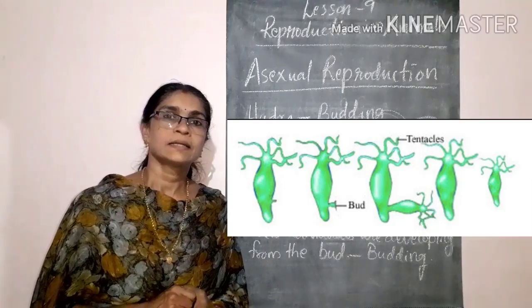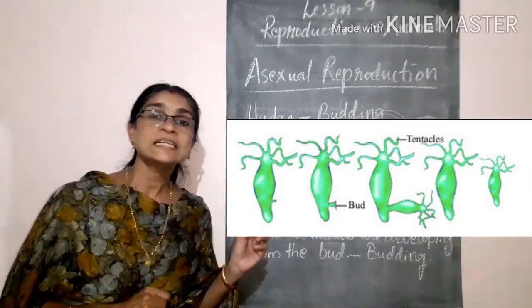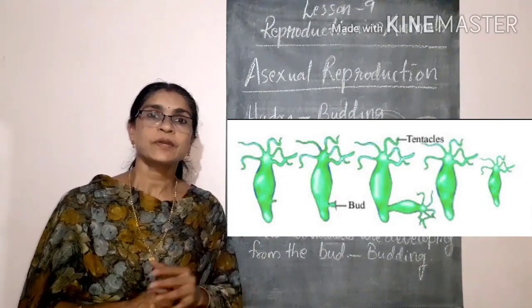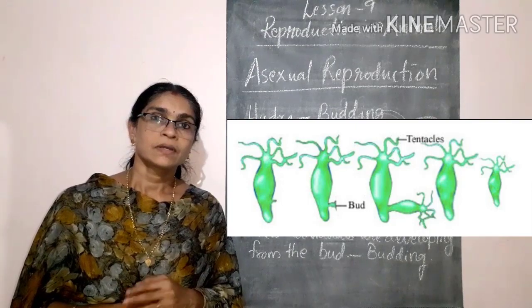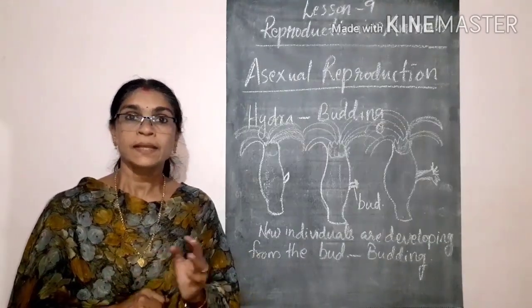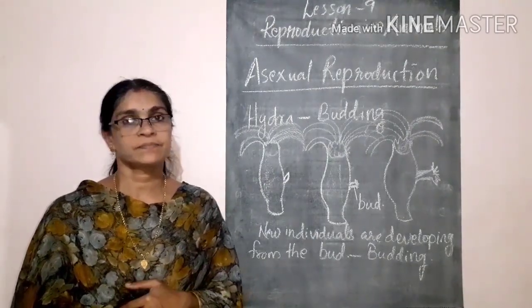Dears, in the reproduction of Hydra, only a single parent is involved. Such a reproduction is called asexual reproduction. In Hydra, the type of asexual reproduction is budding.